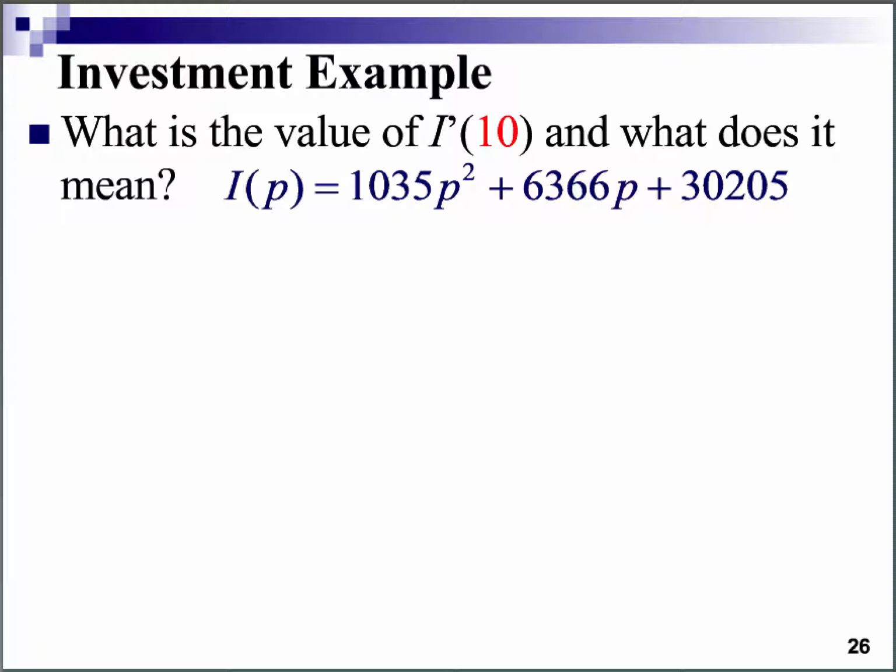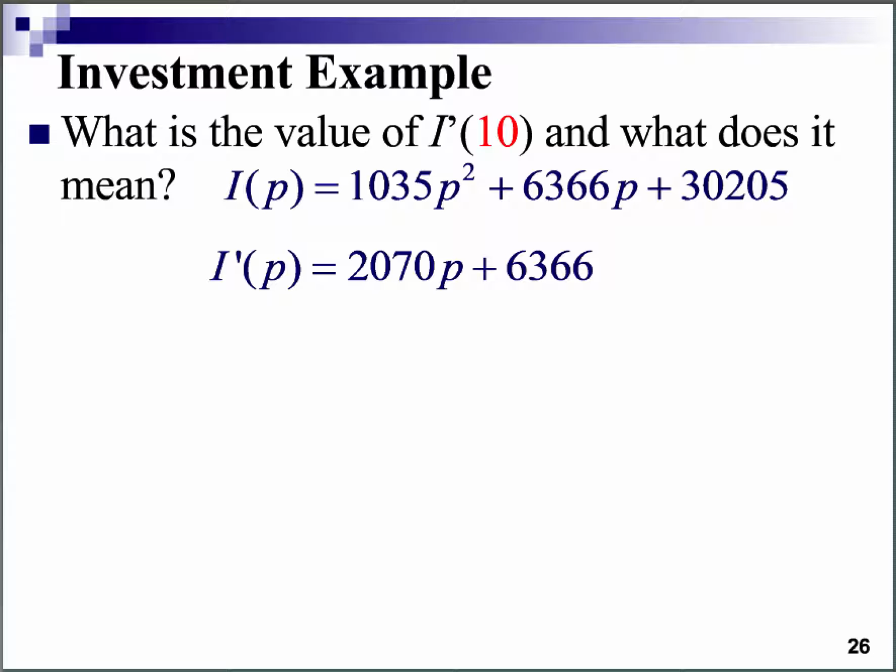So let's take a look at the value of the derivative of the investment function at 10%, little p equals 10. The original function I is given here at the top, so the first step is to take the general derivative and then save the 10 for after we do that. So the general derivative is pretty straightforward.